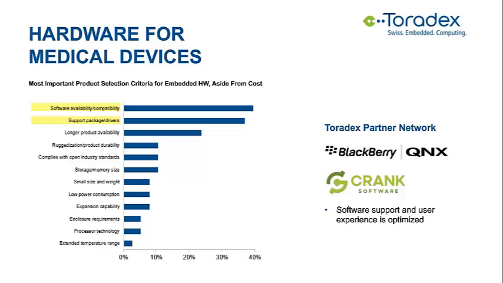However, we recognize not even this covers all the customers' needs, and we put dedicated resources to create a valuable software ecosystem with our partners. For example, we work closely with BlackBerry QNX and Crank. These partnerships allow us to solve issues and optimize the user experience behind the curtain, so to simplify the device development and maintenance for our customers.